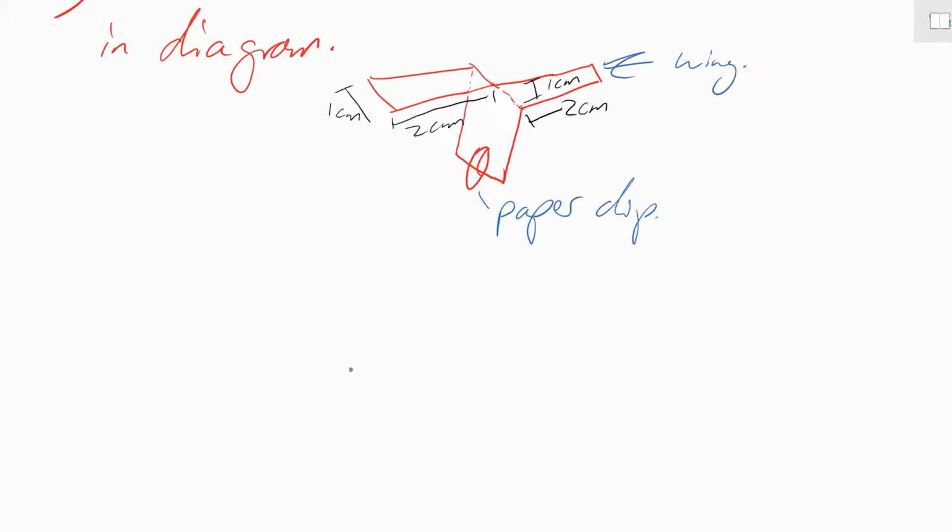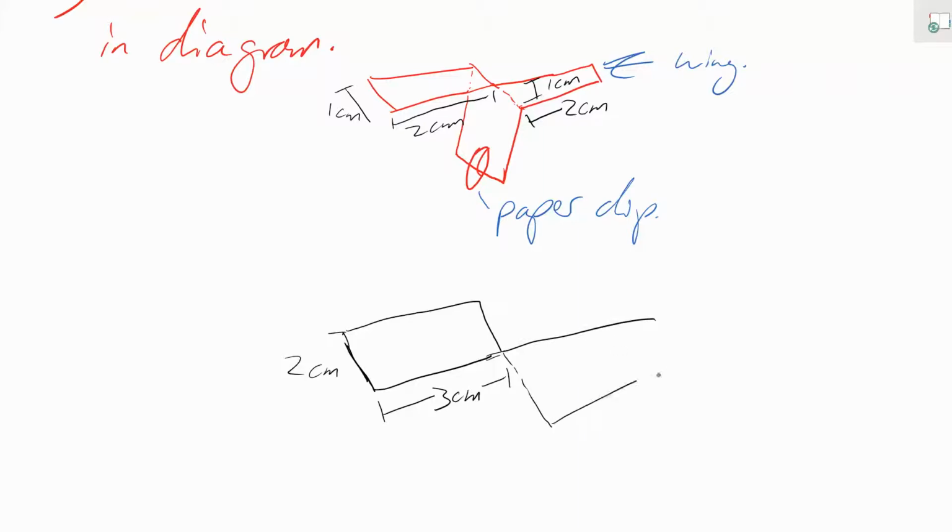So my next one is going to be 2 centimeters by 3 centimeters, the same for the other part of the wing. And then the paper clip goes there.